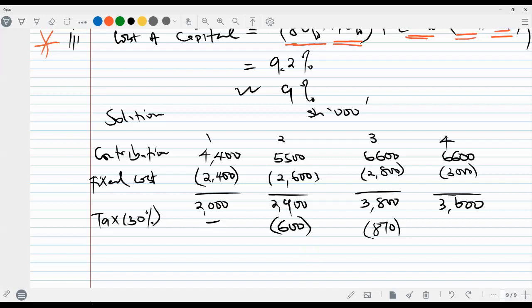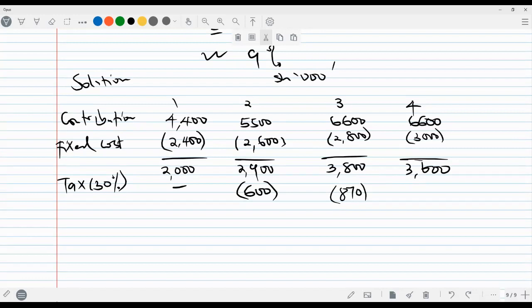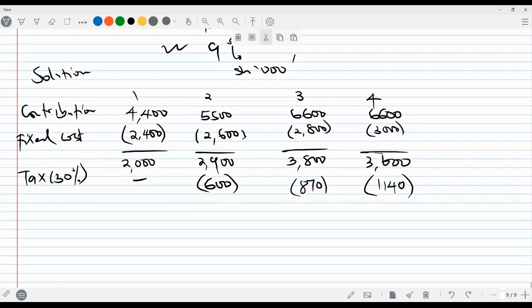Then tax for year 3 is paid in year 4, which is 30% of 3,800 to give us 1,140. And in year 5, we pay tax for year 4, which is 1,080.